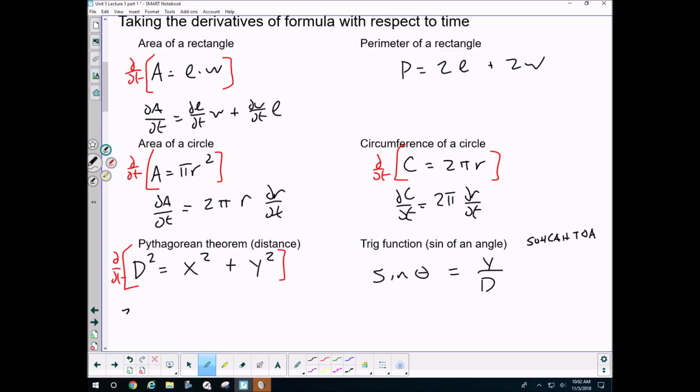Two capital D, dD/dt, equals 2x dx/dt plus 2y dy/dt.